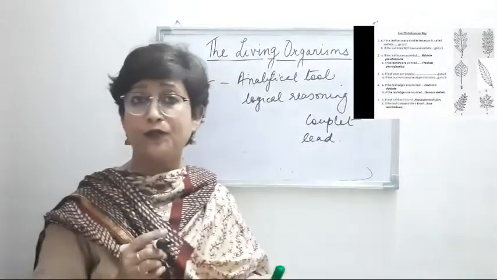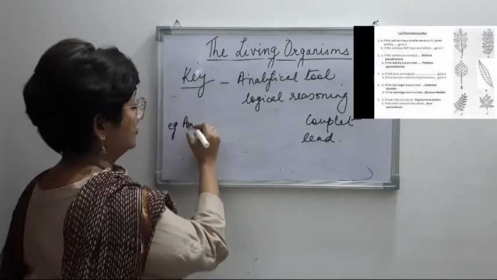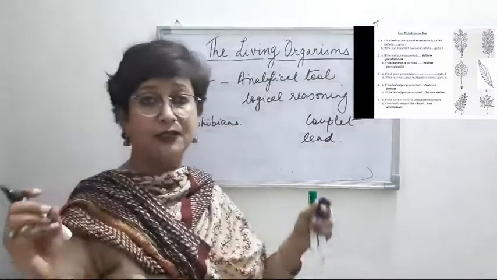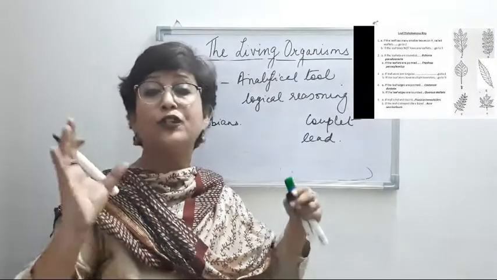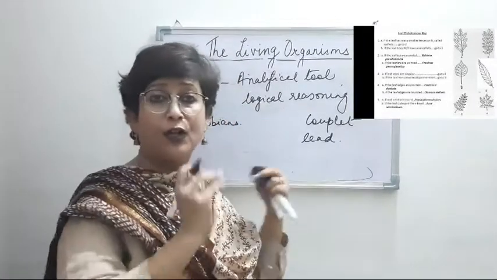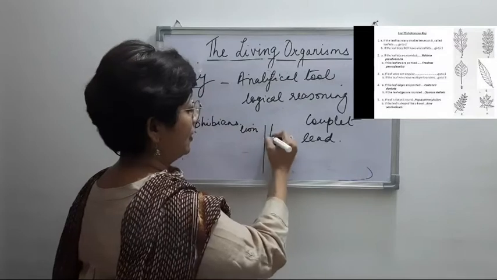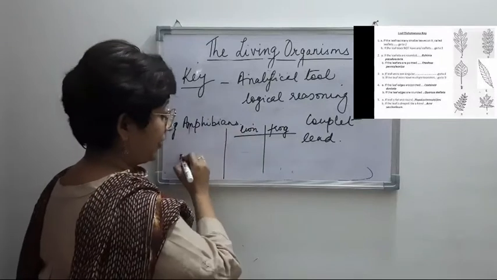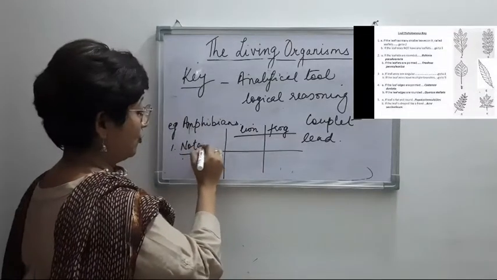Now for example, if we take the example of amphibians, right? And then the scientist or the person who is studying the organism wants to know to which taxonomic category this particular organism will belong. Let's take the example of lion and frog, right? Now the set of characteristics presented, number one, the presence of notochord.